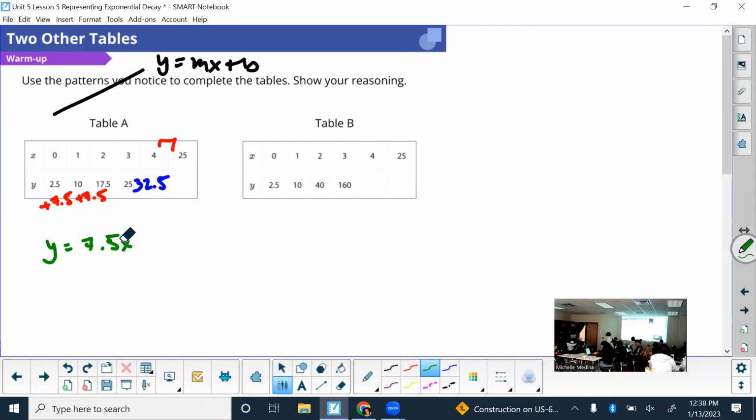What does the b represent, table 6? So you guys are table 7. But yes, it is the y-intercept. So what would be my y-intercept in this one, table 6? She's thinking of this.